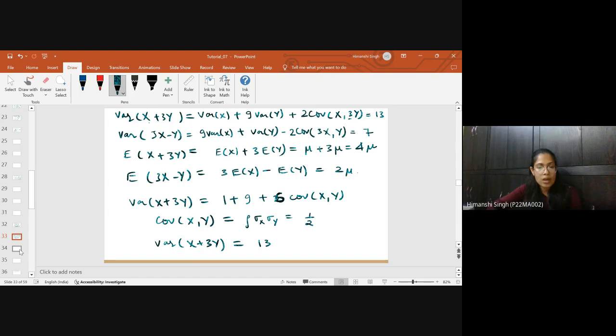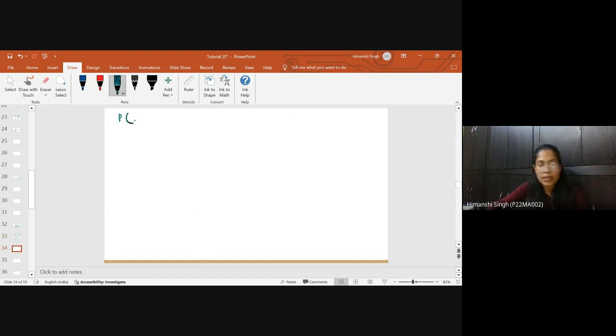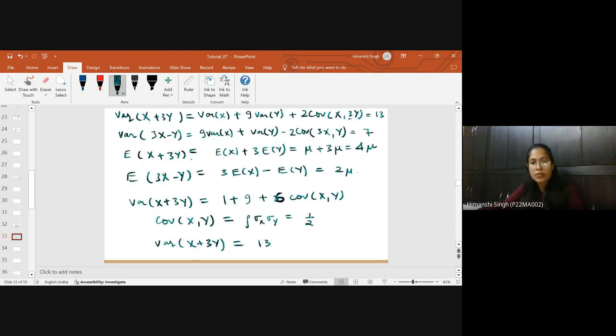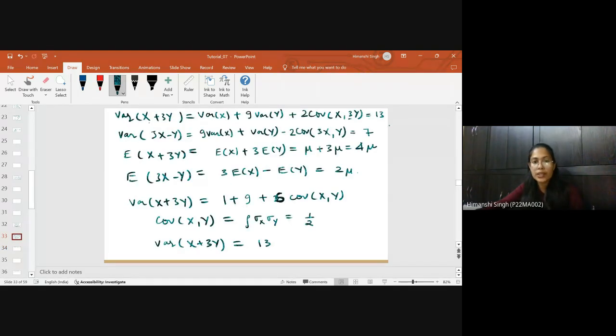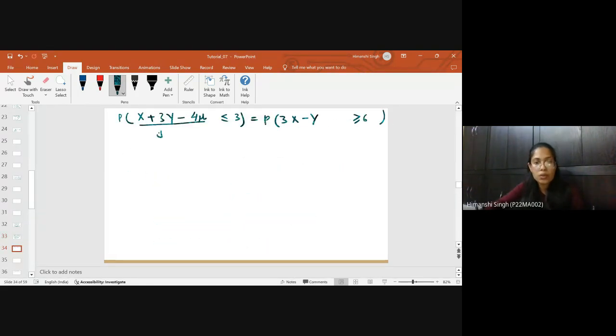Now what we will find out: probability x plus 3y less than or equal to 3 equals probability 3x minus y greater than or equal to 6. Now I'll subtract the mean and divide by the standard deviation. The mean for x plus 3y is 4 mu, so it is minus 4 mu divided by the standard deviation, under root of 13.